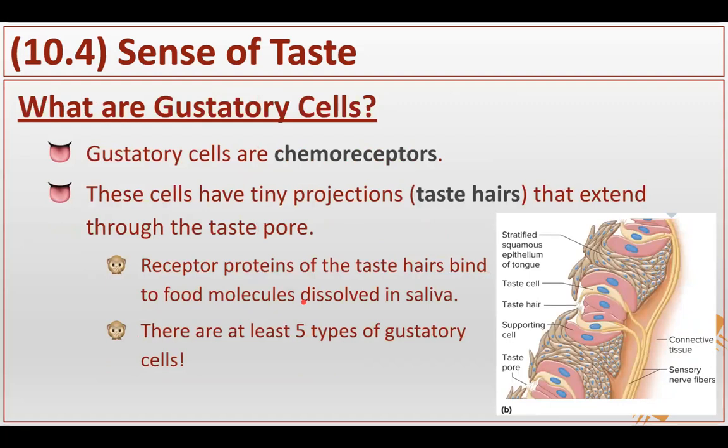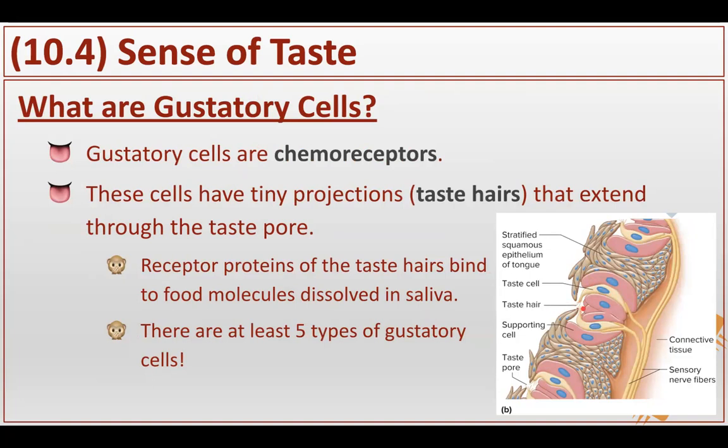Gustatory cells are chemoreceptors. On the previous slide, it was mentioned that they are epithelial cells themselves as well. So just like these pink ones, they're also epithelial cells. They're just modified to be able to detect the chemicals. So they have these projections from the ends of them that kind of stick out through the pore here. They're called taste hairs.